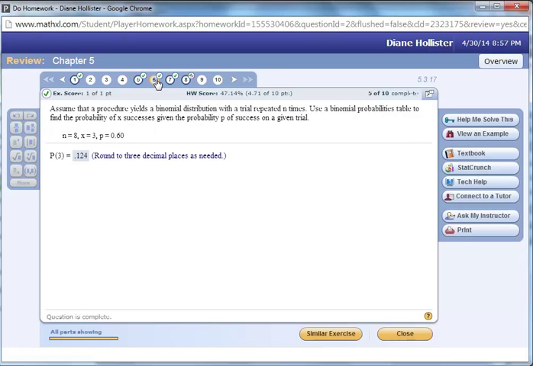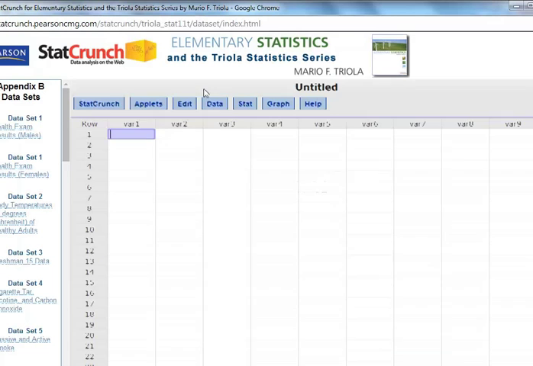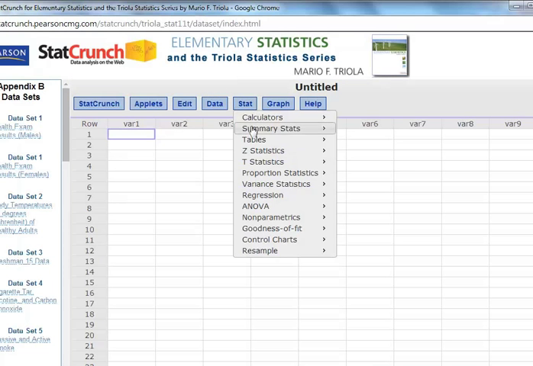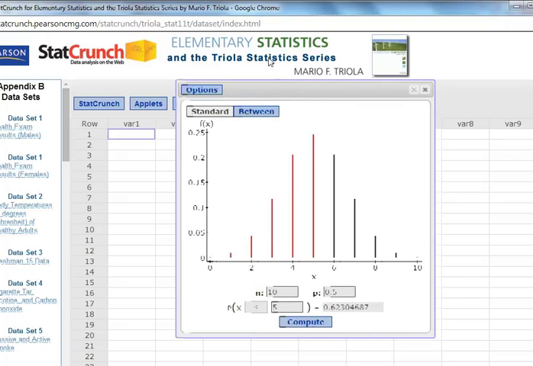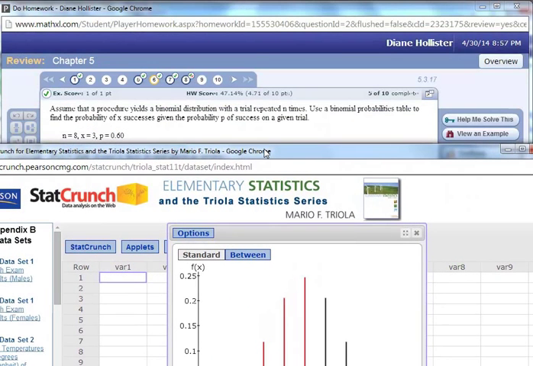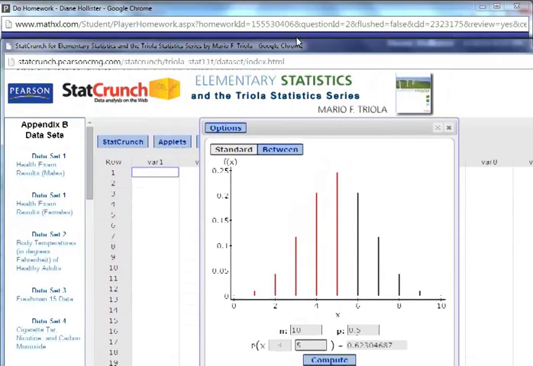Now, this particular problem, the third one that we're looking at here, does require the use of StatCrunch. This one is a procedure with a binomial distribution, and they want us to determine the number of successes. So we're going to open up StatCrunch, and we're going to use the calculator option for the binomial distribution. Now, again, our chances of success is 60%, number of trials is 8, and we want to know the chance of 3.